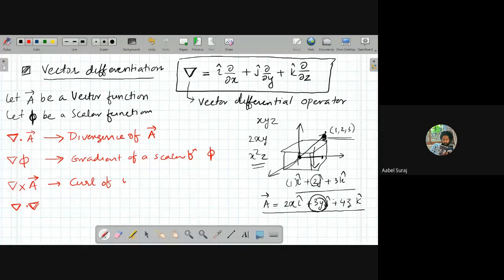So curl of a vector function A. Now del dot del is the Laplacian operator.